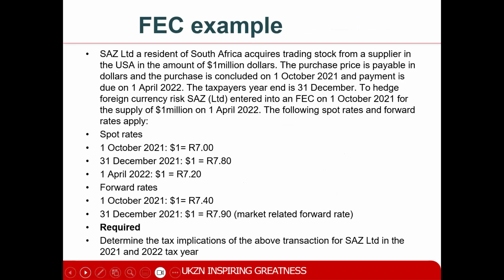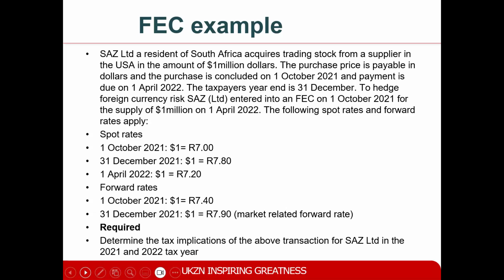What do we have here? We've got SAZ Ltd, which is a resident of the Republic. They acquire trading stock from a supplier in the USA, wow, United States of America, in an amount of $1 million. Sorry about that. Rich guys, they're actually entering very big transactions here.